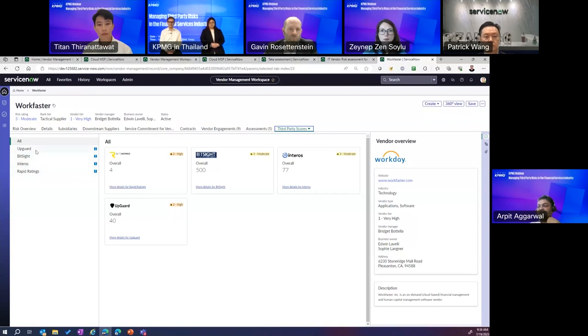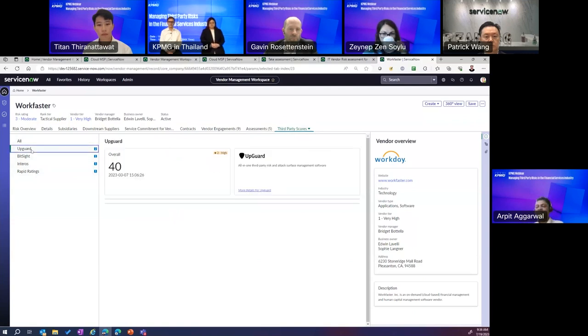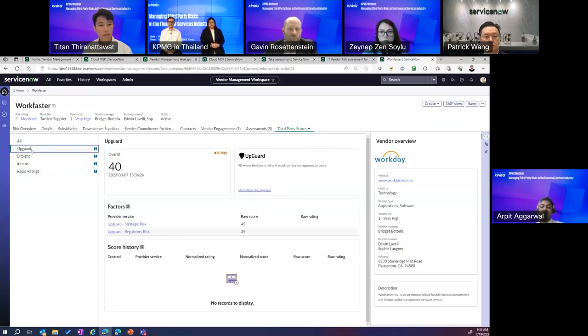So for example, the platform seamlessly integrates with UpGuard, and we can get the scores, or the raw scores as we say, from UpGuard if we have a subscription for it. So the platform can integrate with UpGuard or Interos or Rapid Ratings and provide the scores related to this particular vendor, which is Work Faster.